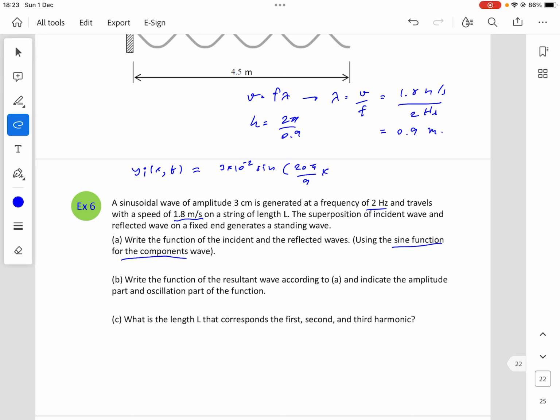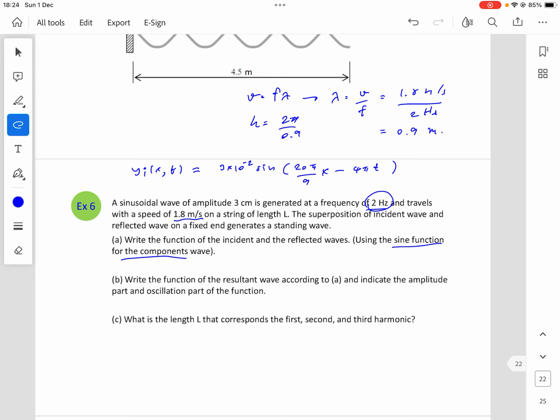Because it's incident, we keep this wave traveling to the positive x, so this should be negative psi, and omega is 2 pi f. We know f is 2 Hz, so 2 pi times 2 is 4 pi t, like this, right?